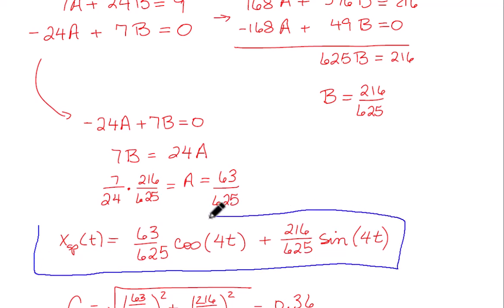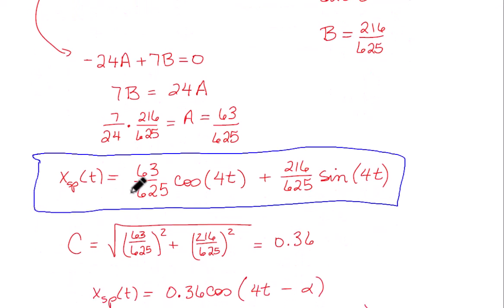I've got a sine plus a cosine of 4t. All right, so since these match, I can write it as one cosine with a phase shift. And using these coefficients, I can figure out the new amplitude in the front.